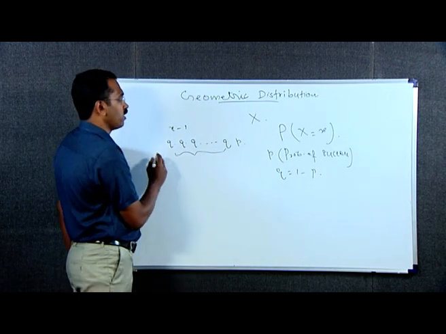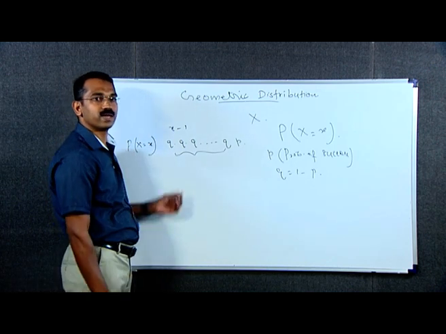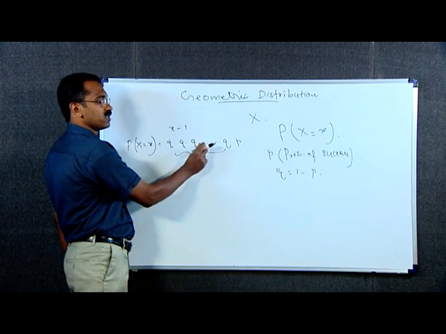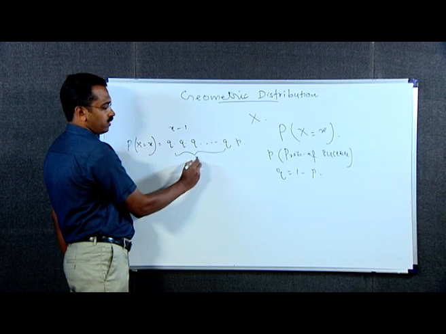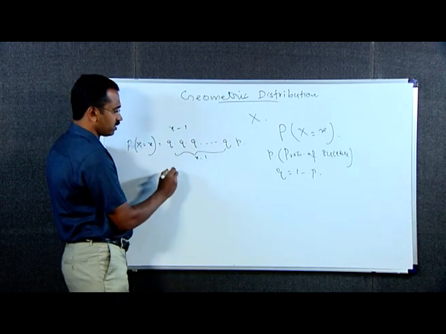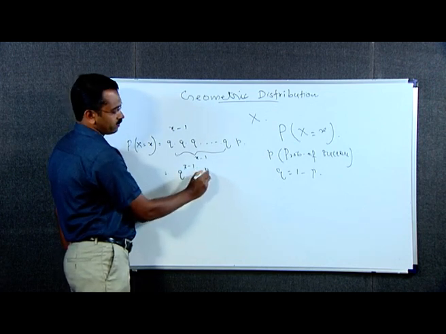Then the probability of getting the success in the xth trial is equal to q into q into q and so on, x minus 1 times, into p. That means q raised to x minus 1 into p.